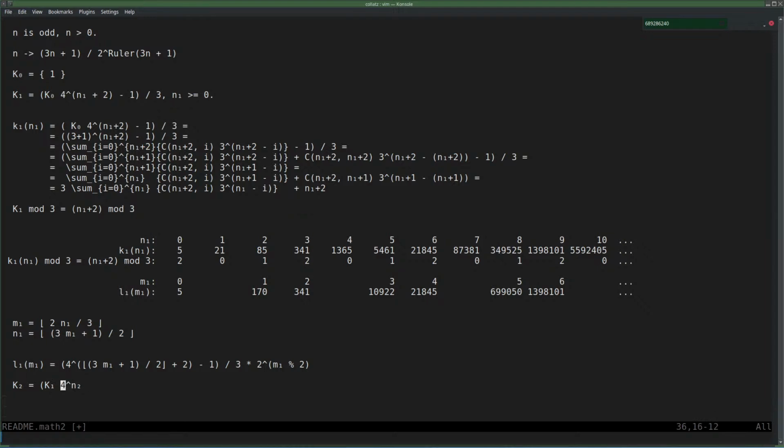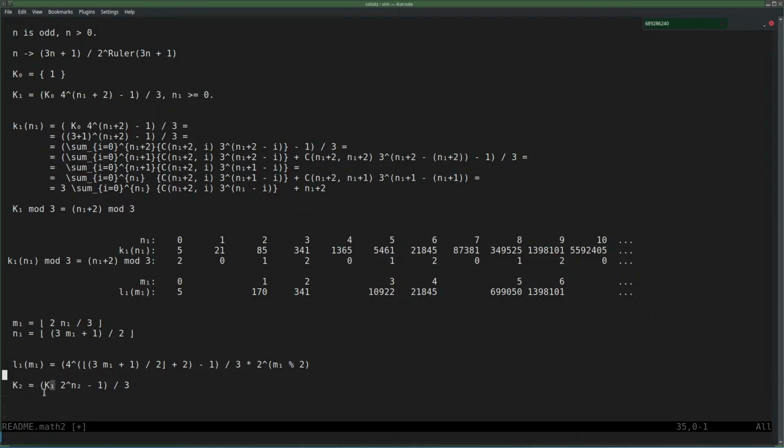So we multiply it by some power of 2, and then we subtract 1, and then we divide by 3. Okay, that's a normal trick, because any number that is part of this set, and then we apply this step here, well, times 3, that's just this, plus 1, that is just this, and then delete all the powers of 2 away, and then we just get K1. So K2 changes into K1 after 1 step, and therefore the 2 is 1 larger than this one.